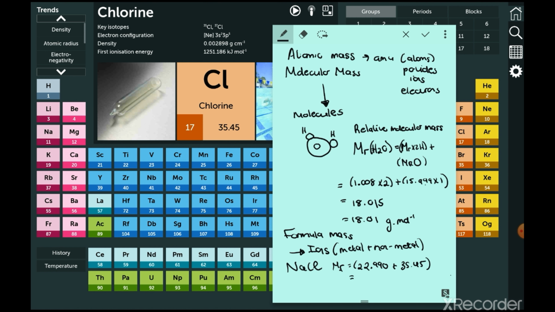Okay, so if you add those 2 up, grab my calculator, you will get a mass of 58.44. Okay, that's the formula mass of sodium chloride. If we were talking about the relative formula mass, that's the relative formula mass. If we're talking about normal formula mass, you can then go and say, well, that's grams per mole.